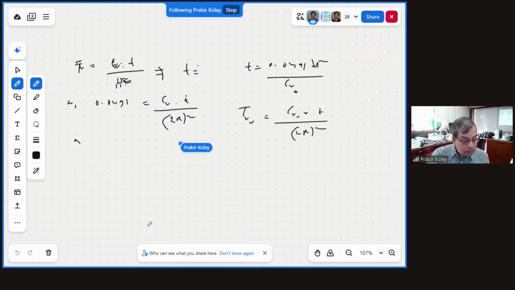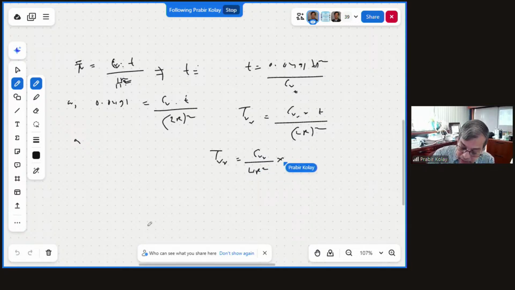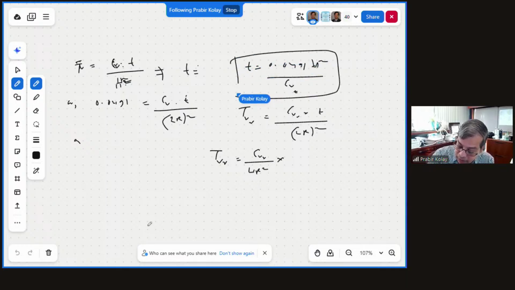From here, you can calculate TVR. TV in the radial direction is equal to TVR divided by 4R squared. And the T you can calculate from the vertical direction, so you substitute that value over here.